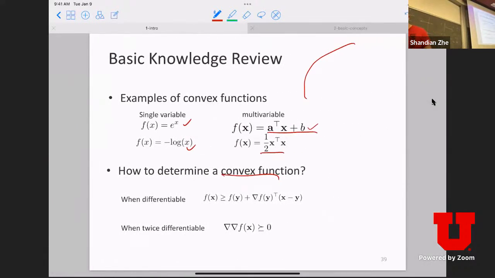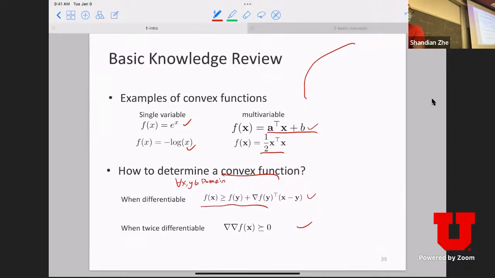But there are two commonly used ideas. One is to check if this function is differentiable. If you can show that for arbitrary x and y in your domain, this inequality always holds, then f of x is convex.